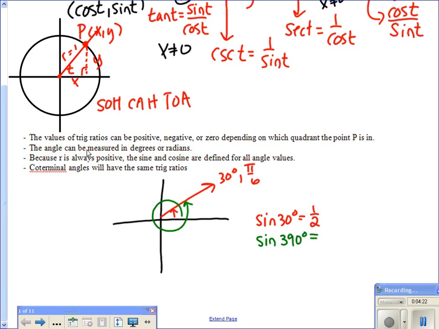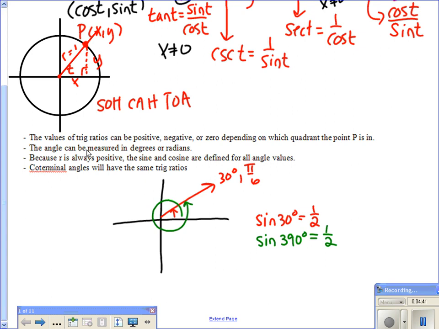If I do the sine of 390 degrees, because I still have the same initial side and terminal side, I know that's still going to be equal to 1/2. Even if I kept going around and around as many times and kept landing on the same terminal side with the same initial side, I would still end up with that being equal to 1/2.